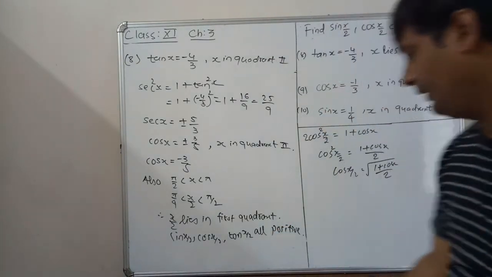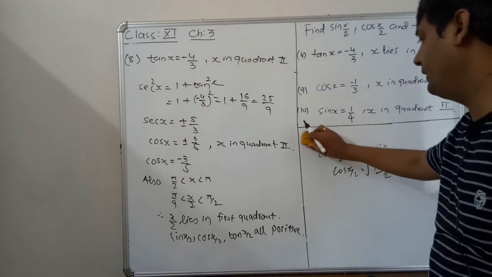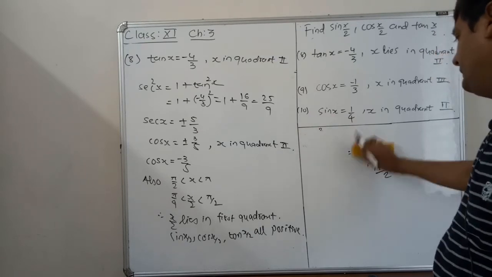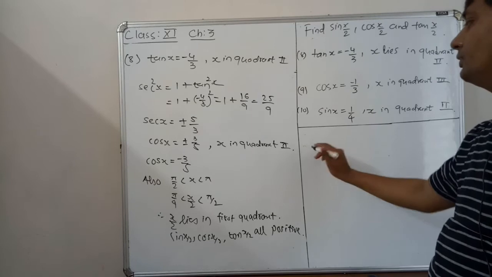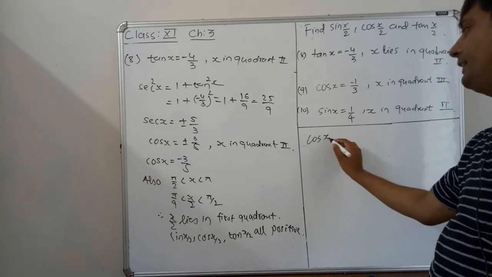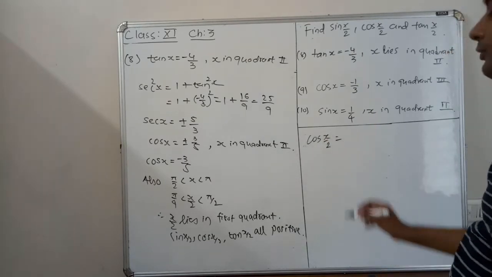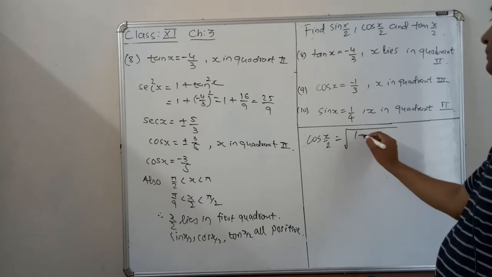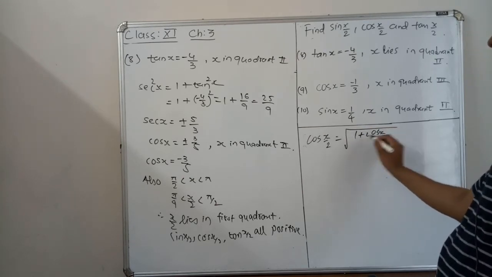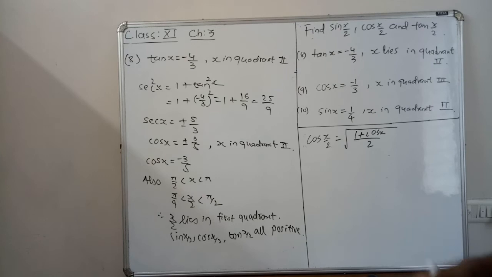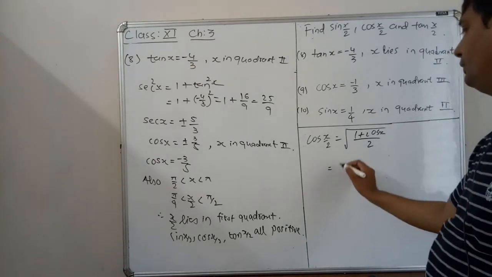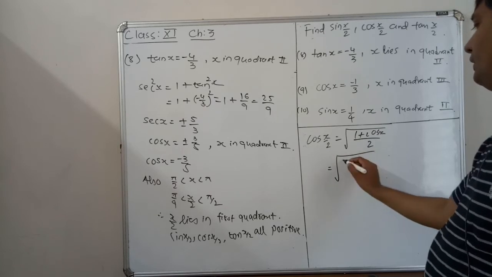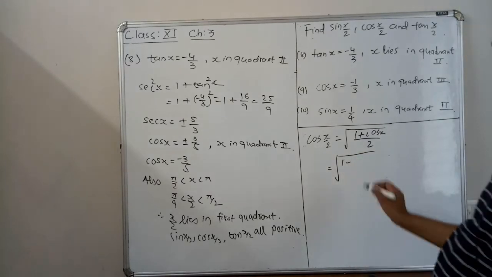आपको ऐसा नहीं लगे कि डायरेक्ट कैसे आए. So you can write here for cos x. सबसे पहले cos x by 2 is equal to under root of 1 plus cos x by 2, right? So put the values. So is equal to under root of 1 plus cos x, क्या था हमारा? minus 3 by 5.